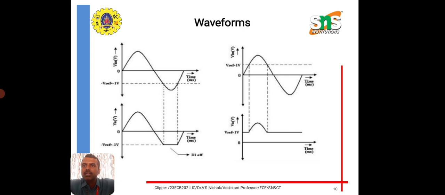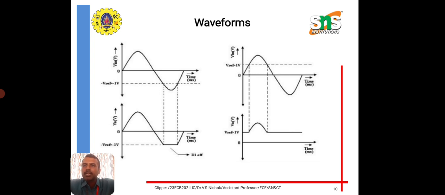So we can see the output waveforms based on the positive V reference and negative V reference. In the first diagram, at the top left, a negative V reference of minus 1 volt is taken. Whenever Vi is greater than V reference, the output is obtained, and whenever Vi goes less than V reference, the output is clipped off. That is the negative clipper circuit's function.